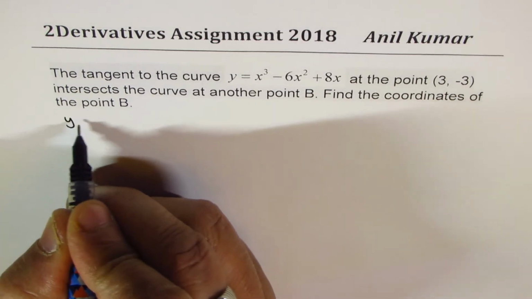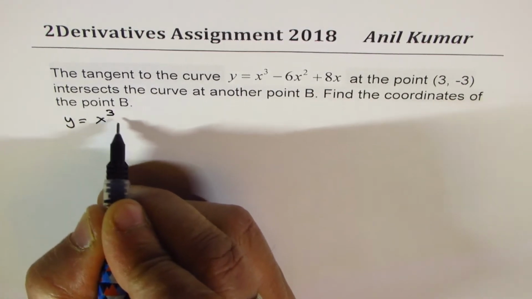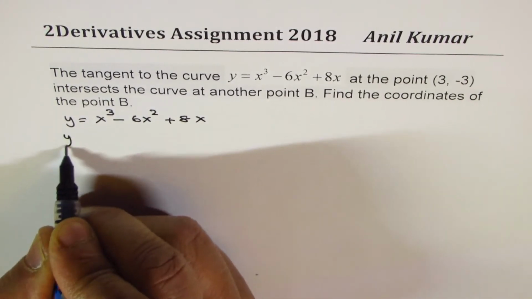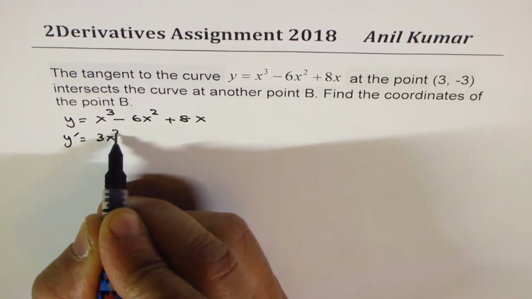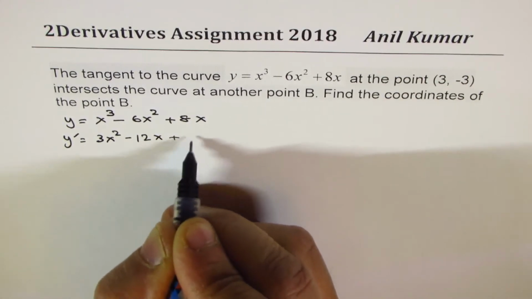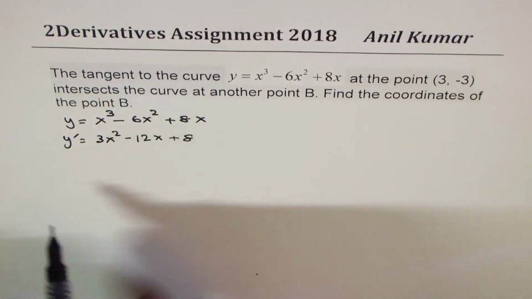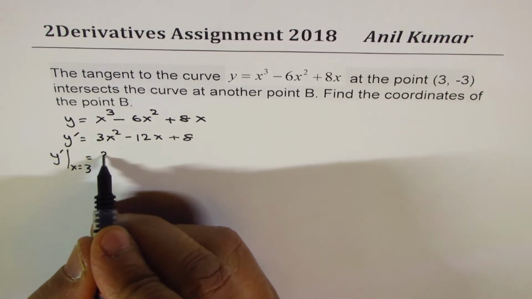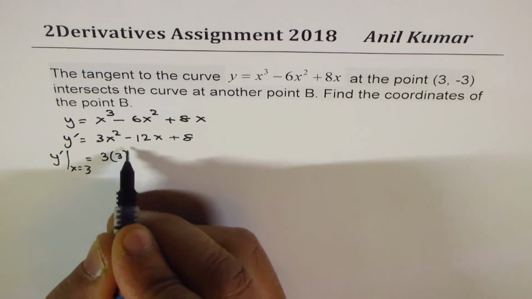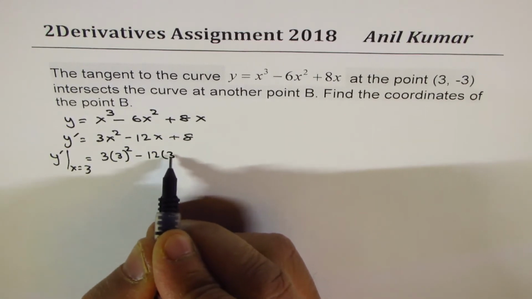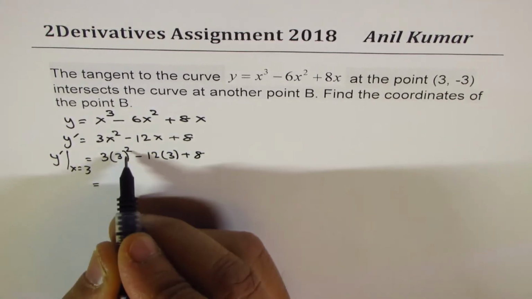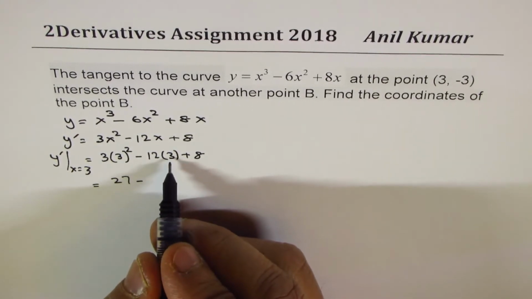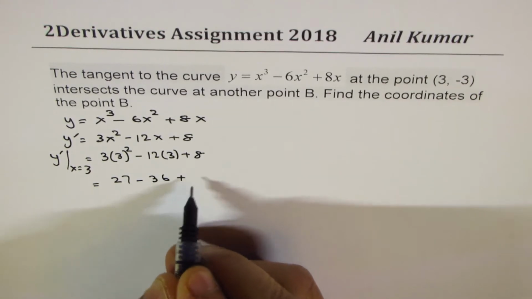So we are given y equals x cubed minus 6x squared plus 8x. So the derivative is 3x squared minus 12x plus 8. The point is x equals 3, so let's put x equals 3 here. So we get 3 times 3 squared minus 12 times 3 plus 8, and that is 9 times 3 is 27 minus 36 plus 8.